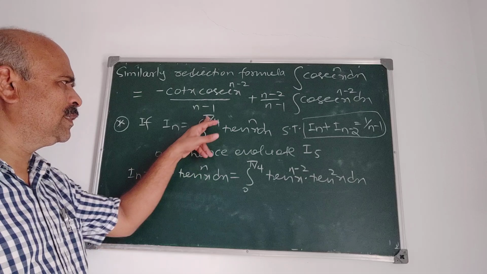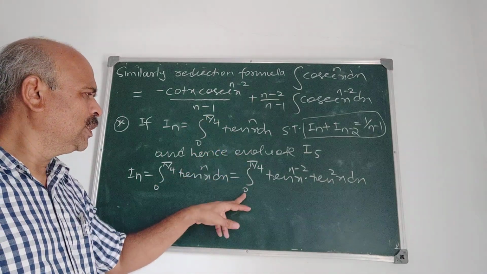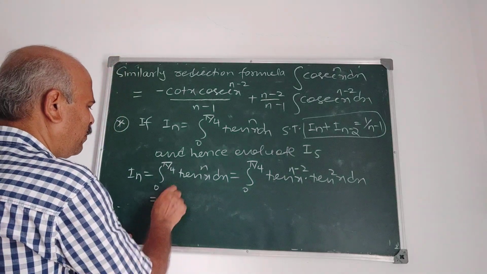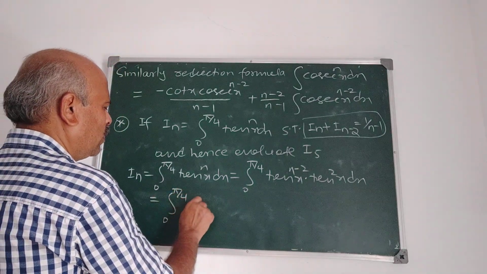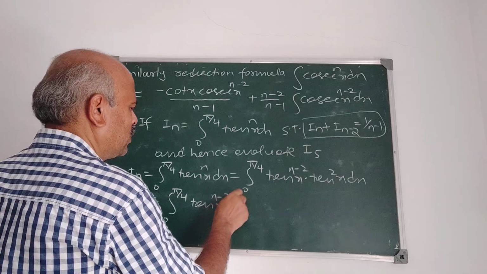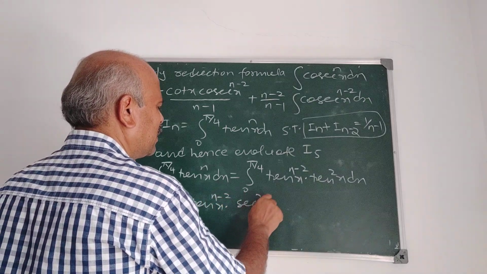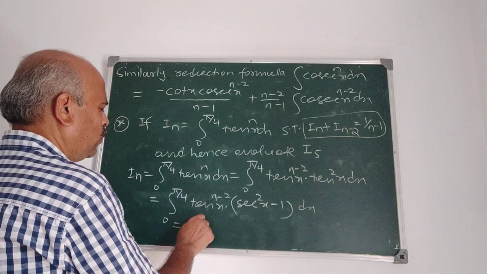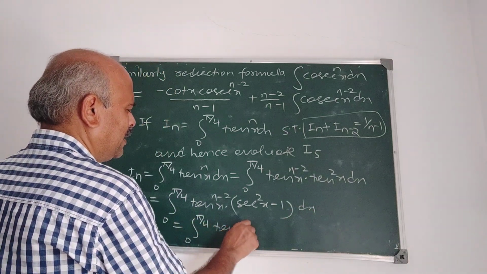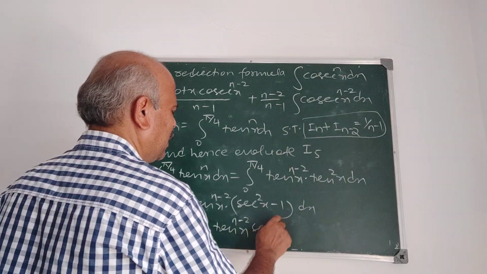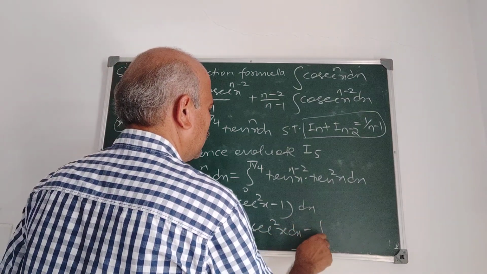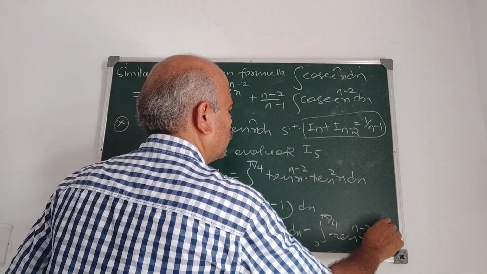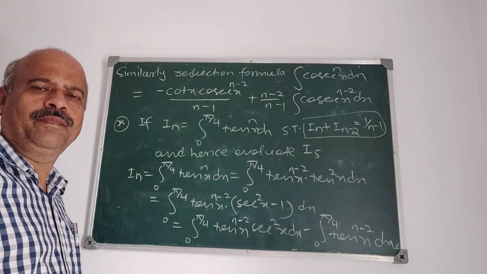In means definite integral 0 to pi by 4. What is the next step? Tan square x is secant square x minus 1, so we get the integral from 0 to pi by 4 of tan x raised to n minus 2 secant square x dx, minus the integral from 0 to pi by 4 of tan x raised to n minus 2 with respect to x.